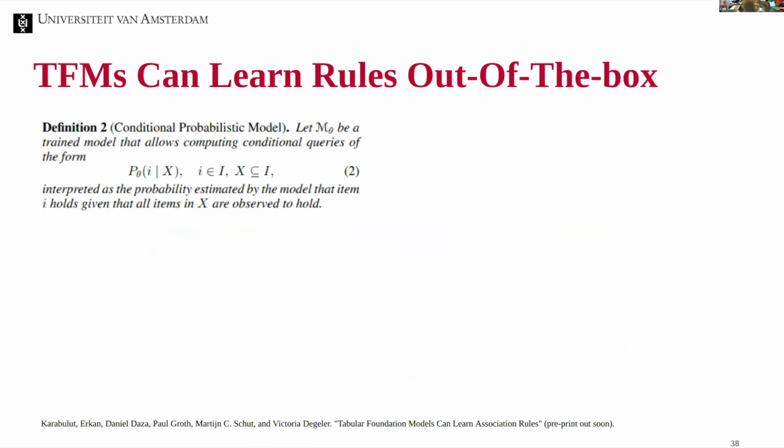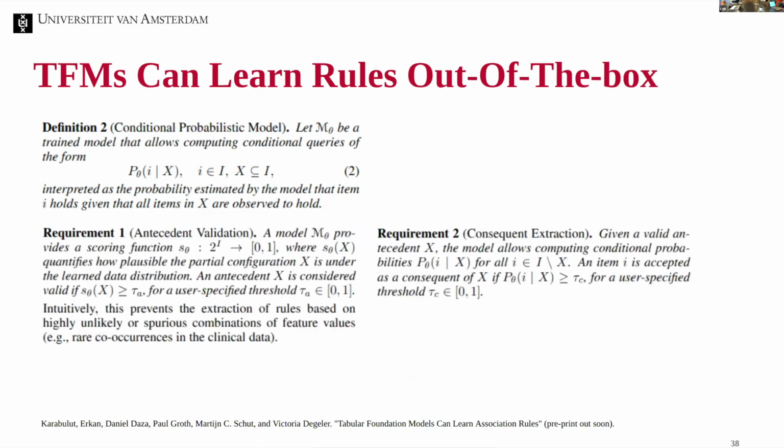And then, this is a bit of a formal contribution, but what we have said is basically that if you have this type of model that allows you to do the antecedent validation, this threshold and check that I showed you, let's say using a scoring function. So this model supports probabilistic queries, has a scoring function that allows you to quantify the probability of having X in the data.